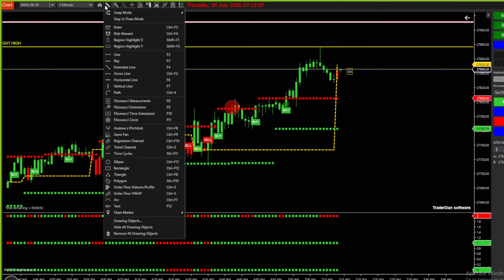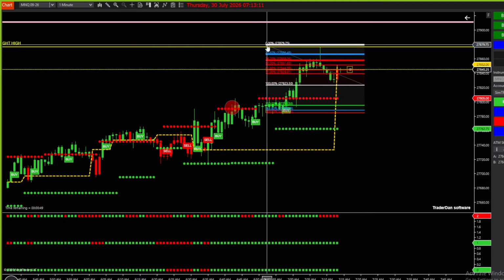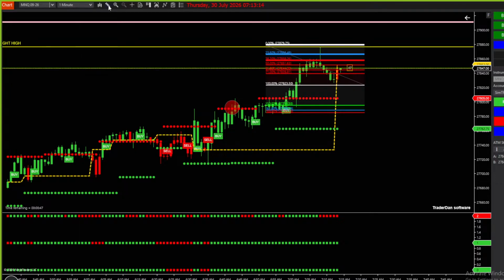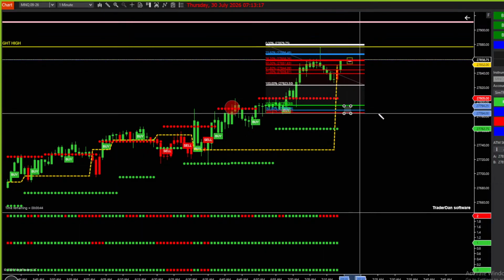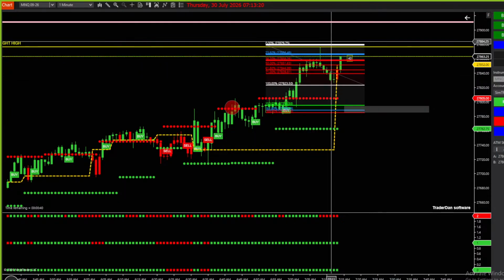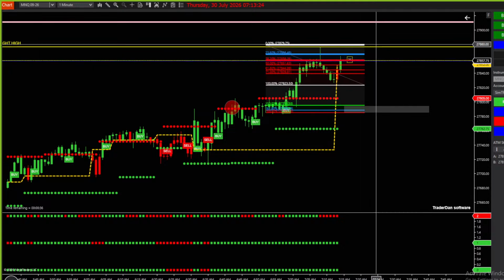We need to pull back before we take the long anyways. I mean, I don't know if we get one. This is probably just going to keep climbing. I'm going up to the overnight high, that yellow line.